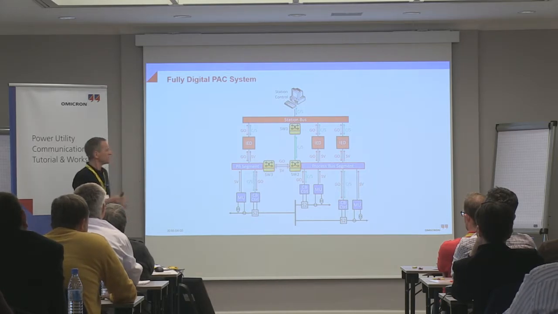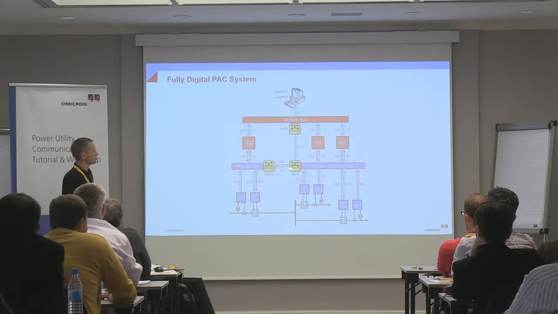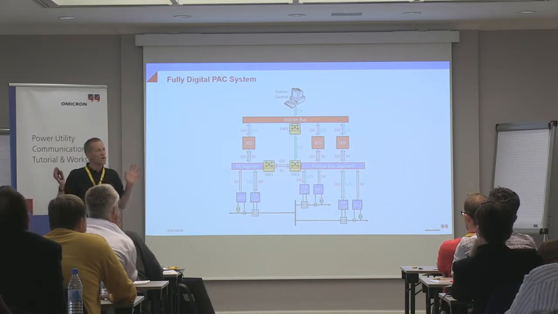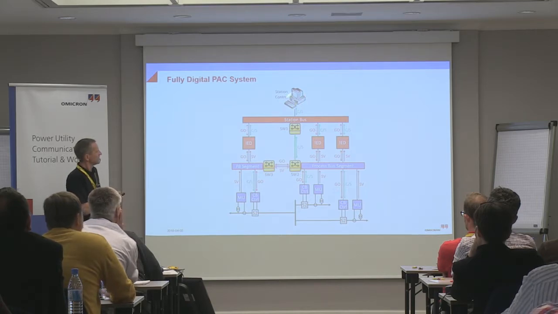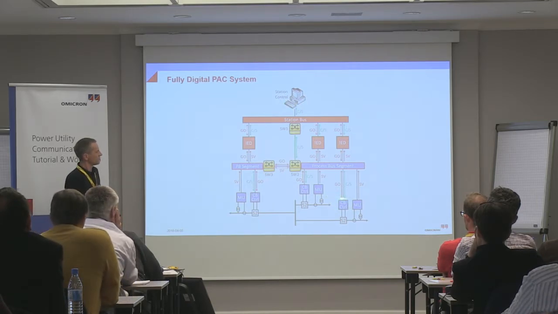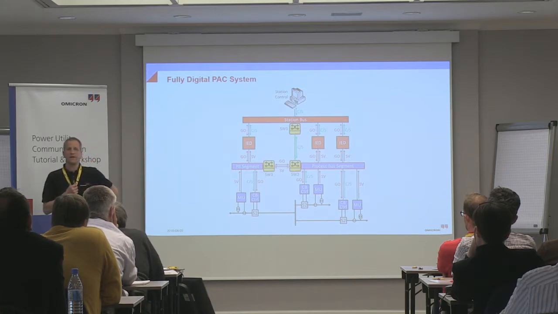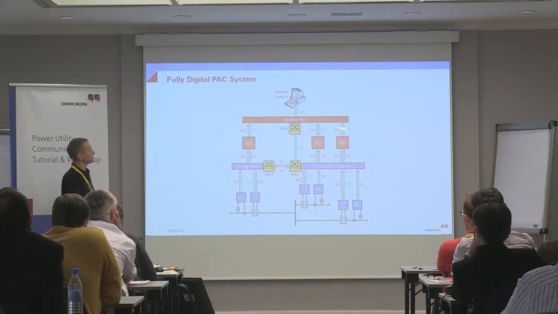Potentially, even if you have segregated networks, and you see here, for instance, some routers to segregate the traffic a little between these process bus segments, potentially you have all kinds of traffic everywhere. For instance, if this station controller would like to control this circuit breaker down here, then the client-server communication would have to go through the whole network topology. And you just have GOOSE messages on the station bus as well.